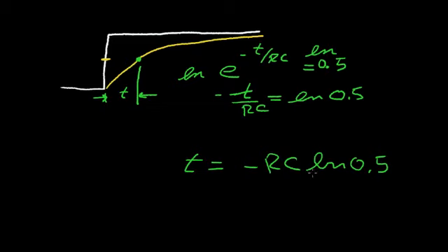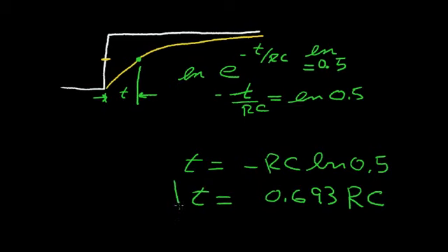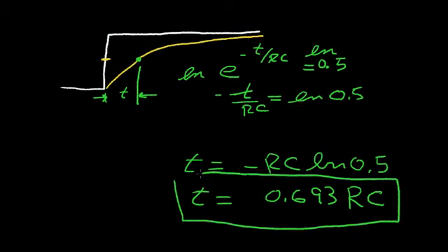If I take the natural log of 0.5, that comes out minus 0.693, and minus times the minus gives us a plus, so this is 0.693 RC. So the time to get halfway up the waveform is 0.693 times RC, which is a useful value to remember.